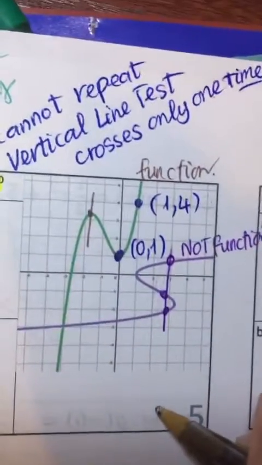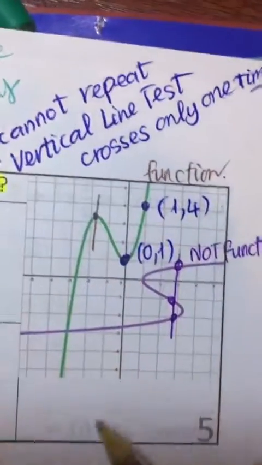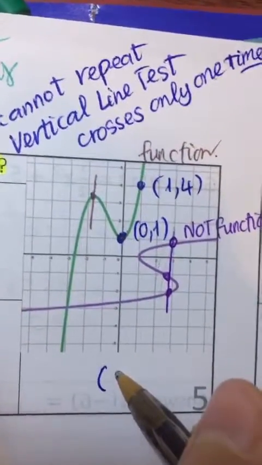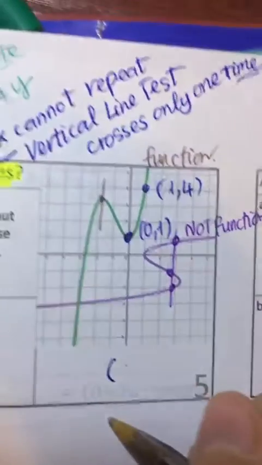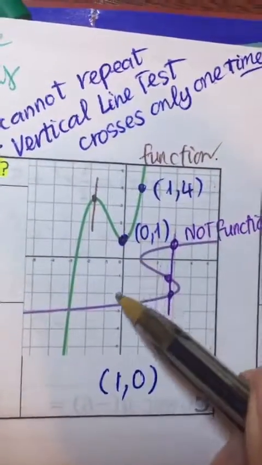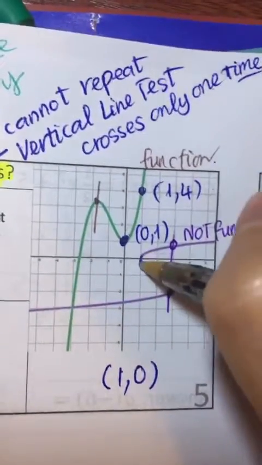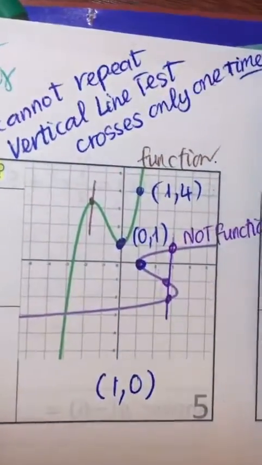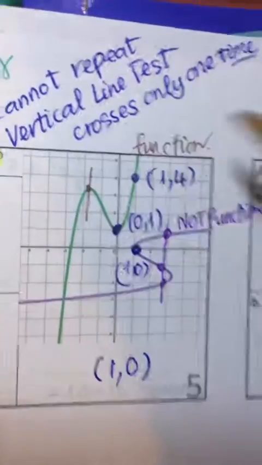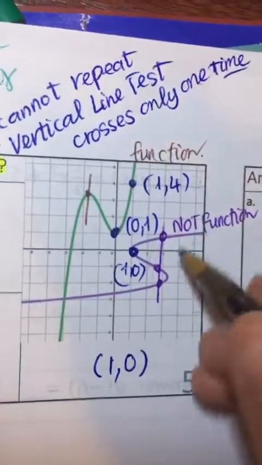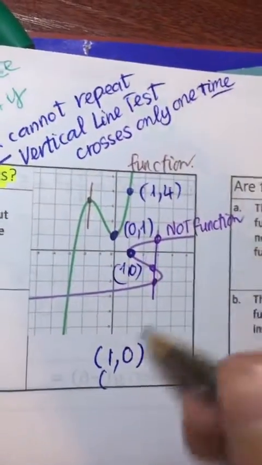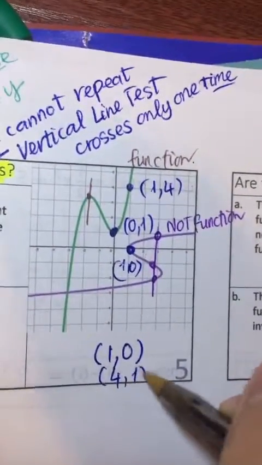So let's go ahead and flip those 2 points. We want to check if those 2 points are on the purple graph after you switch them. 0, 1 becomes 1, 0. And 1, 0 is actually here on the second graph, right? 1, 0 is right here. Let's switch the 1, 4. If you flip them over to change the x and the y, it becomes 4, 1.